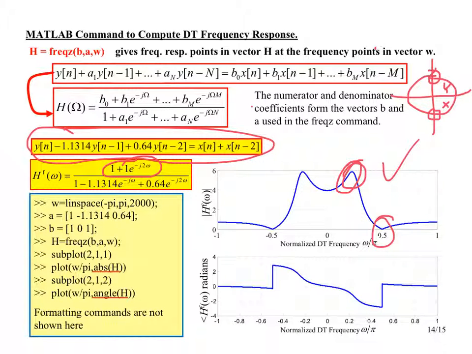So if we're given the system and we decide, you know what, I don't want that there, we know how to fix that. You take those two poles, you don't want them as close to the unit circle as you have them. So take the z equivalent of the denominator, factor it into its factors with some number times e to the plus or minus j pi over 4, and then adjust that number out in front.